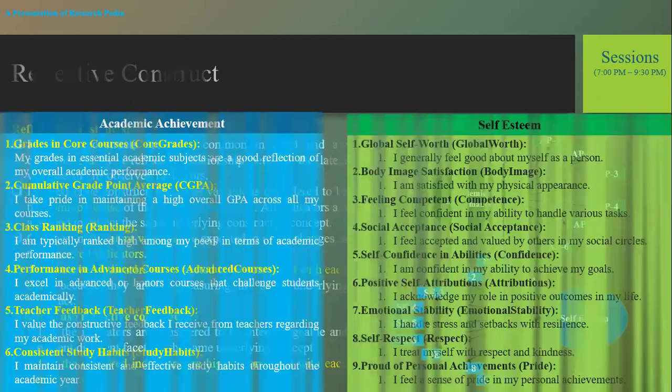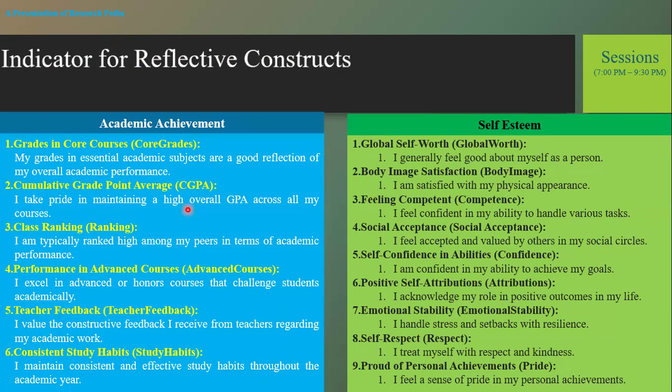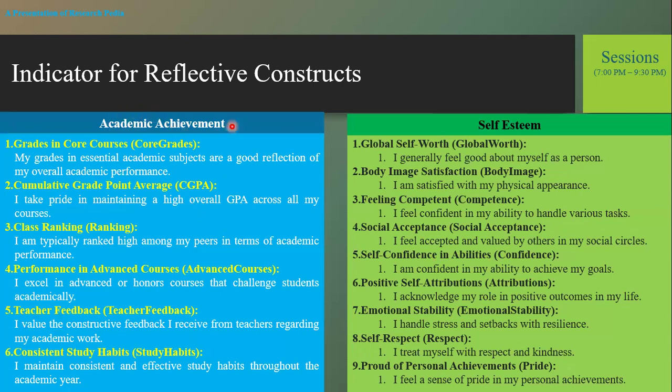How can we understand that these statements are relevant towards the construction of reflective constructs? In order to make academic achievement a reflective construct, I need to see that my statements should indicate or should be able to cause the academic achievement.